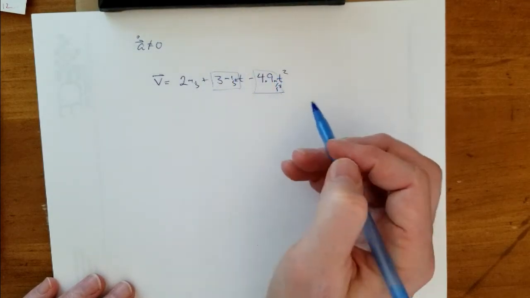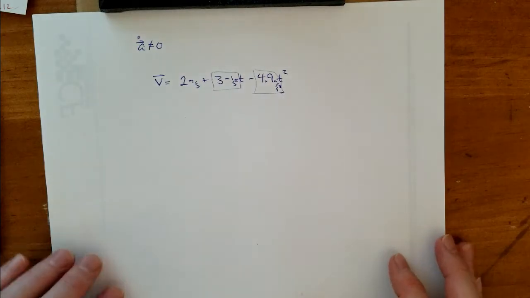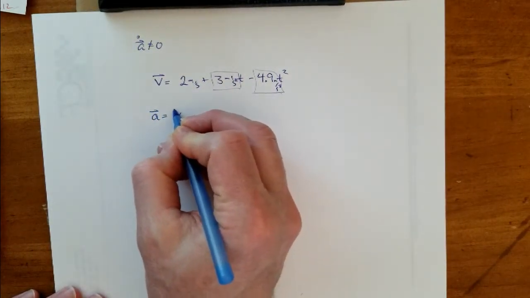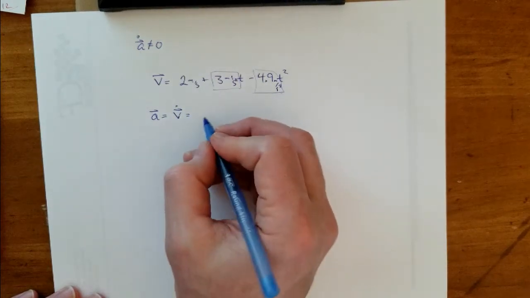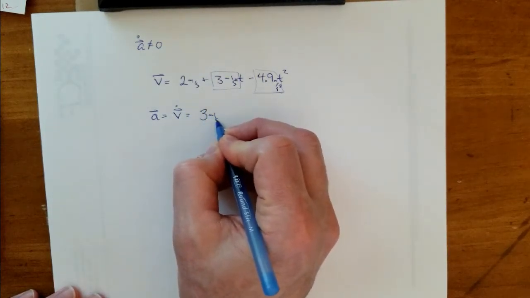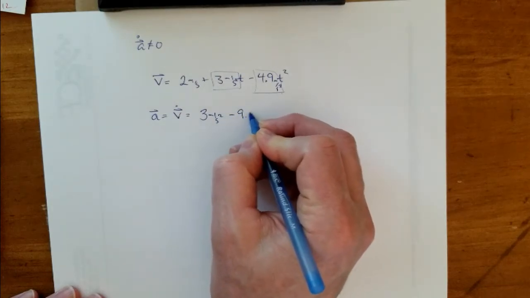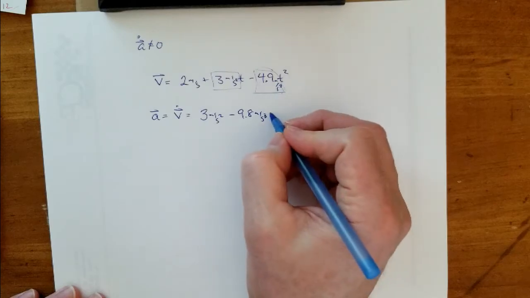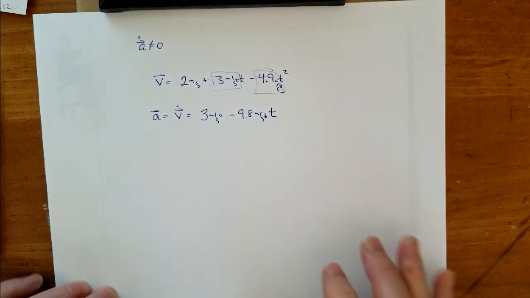That is my jerk. In this case, the jerk is constant, but my acceleration, which is the time derivative of velocity, becomes 3 meters per second squared minus 9.8 meters per second cubed, because the constant doesn't change, times t.